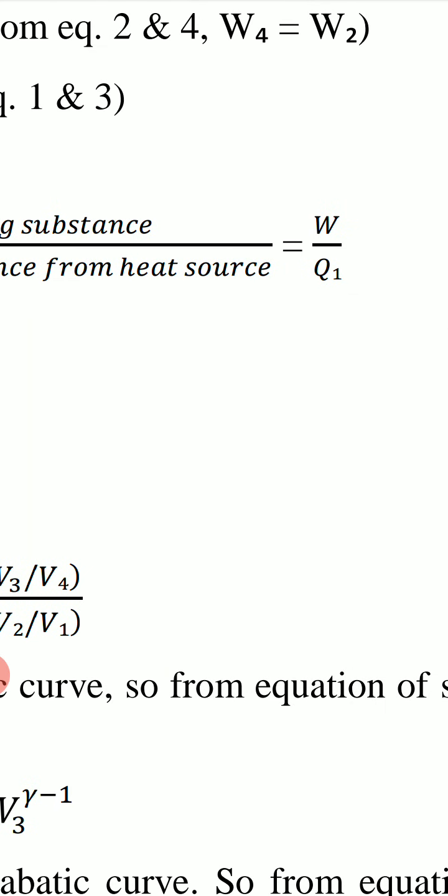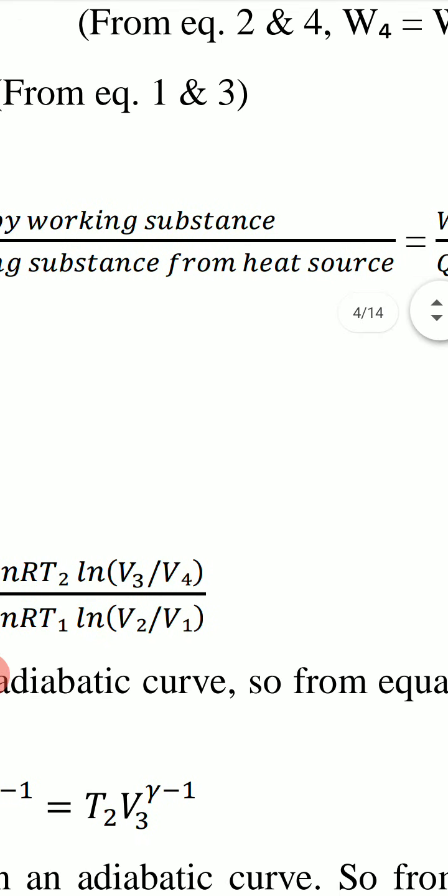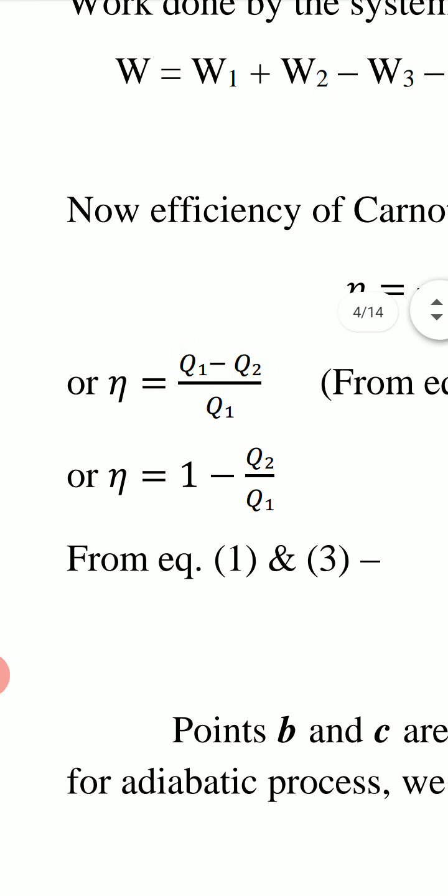Q1 is the heat taken by the working substance, and W is the work done by it. As W is equal to Q1 minus Q2, the formula for efficiency becomes eta equal to Q1 minus Q2 upon Q1, that is equal to 1 minus Q2 upon Q1.